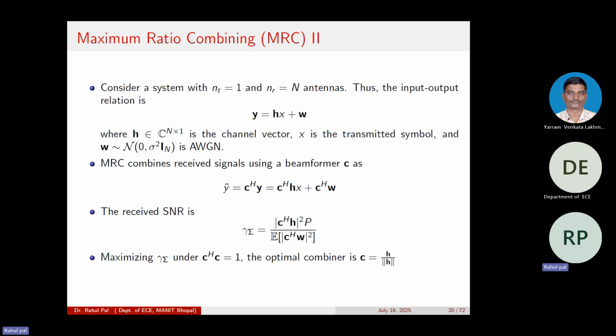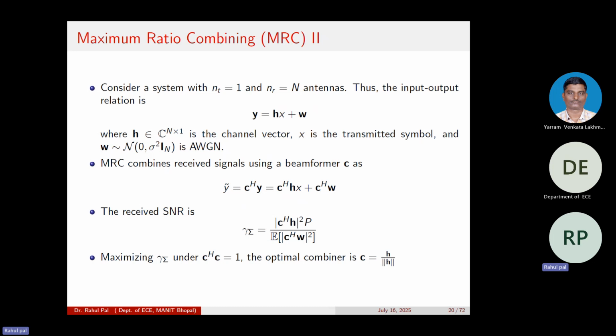W is the noise part, and we are doing some processing at the receiver side by multiplying c Hermitian with the received signal y. So it is multiplied with the signal part as well as with the noise part, but I don't want the noise to be amplified.